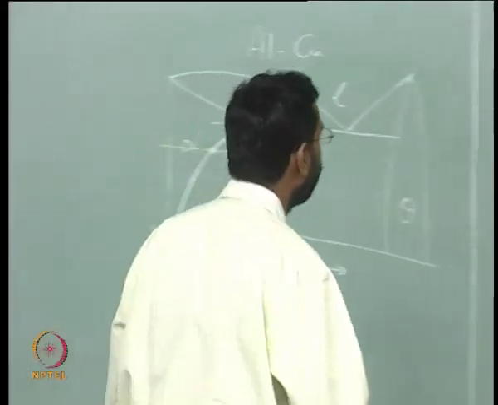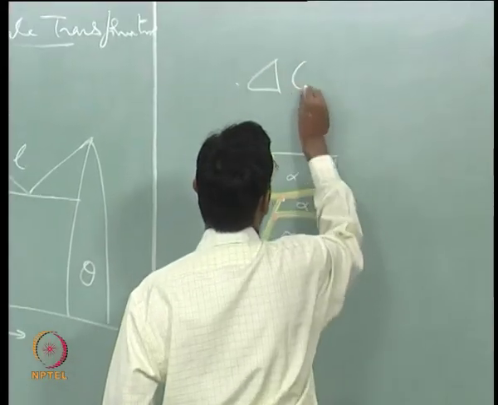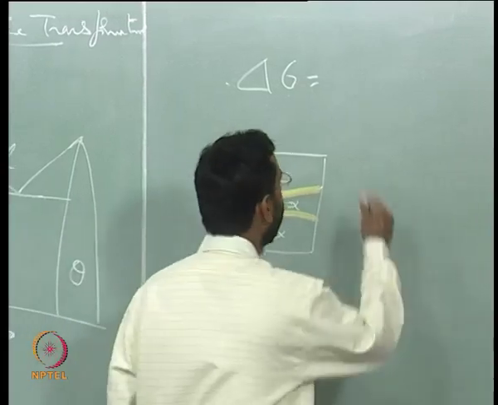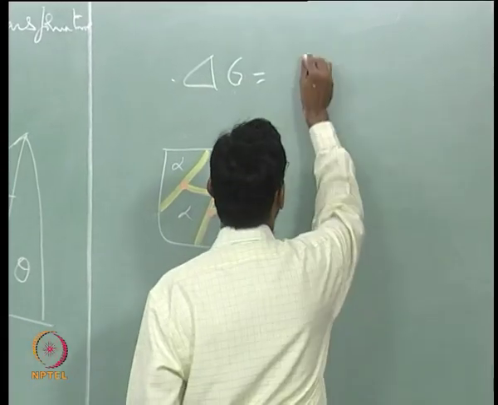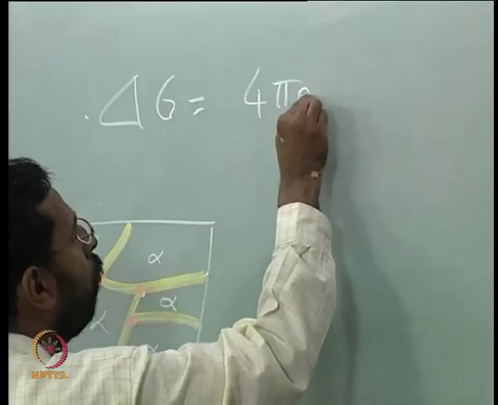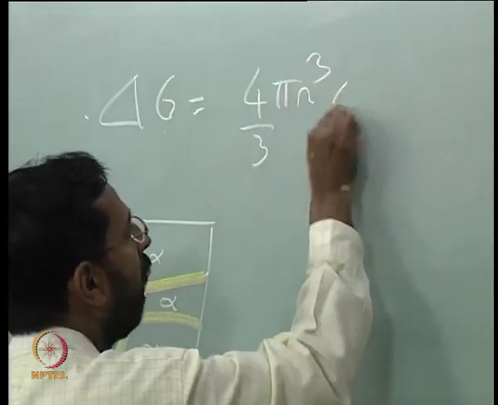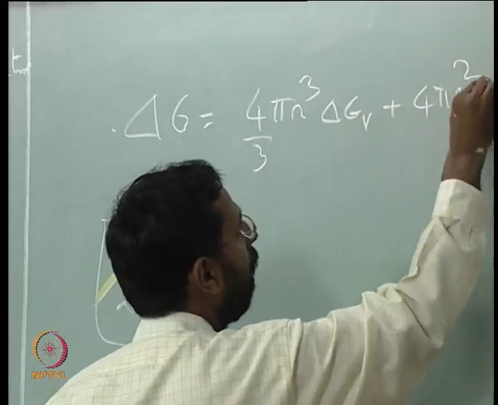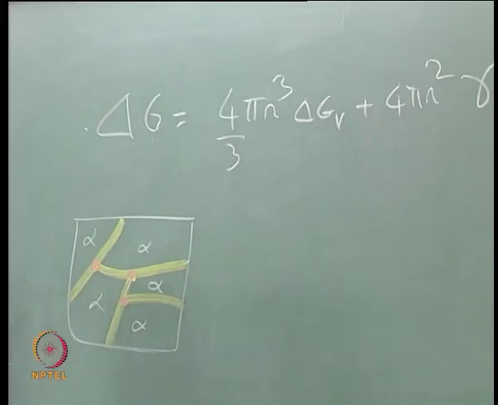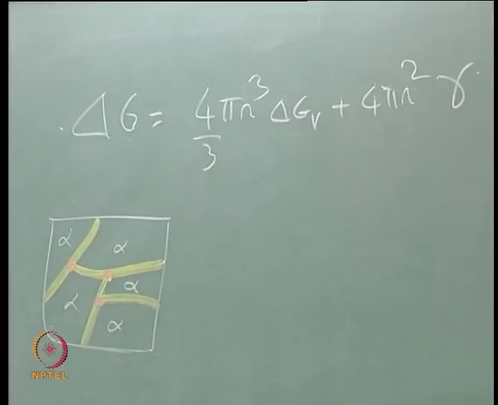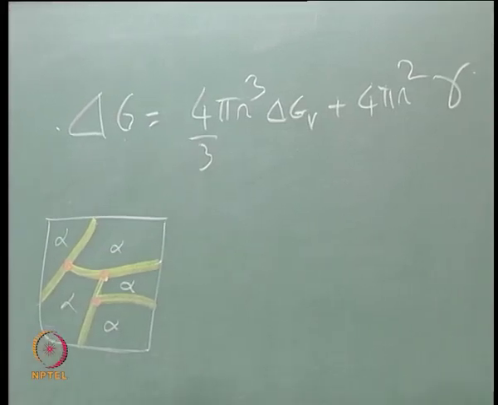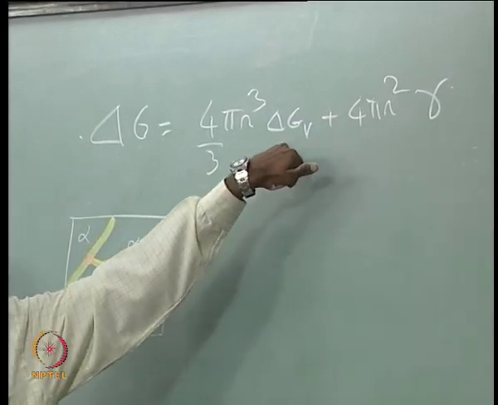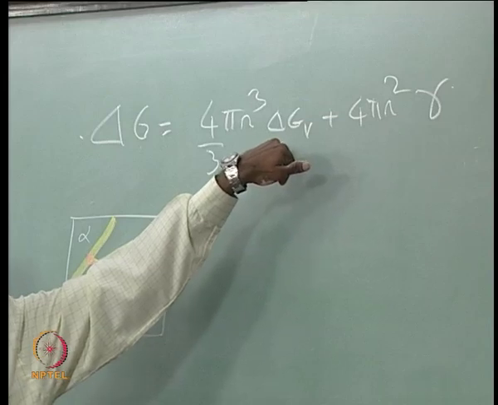So if you remember, we wrote an expression for delta G for the transformation from liquid to solid, for a spherical nucleus, as 4/3 pi r cube delta GV plus 4 pi r square gamma. This is what we wrote for solidification, and we said the second term is the barrier for nucleation, whereas the first is the driving force for the nucleation. Am I right? You remember all this.